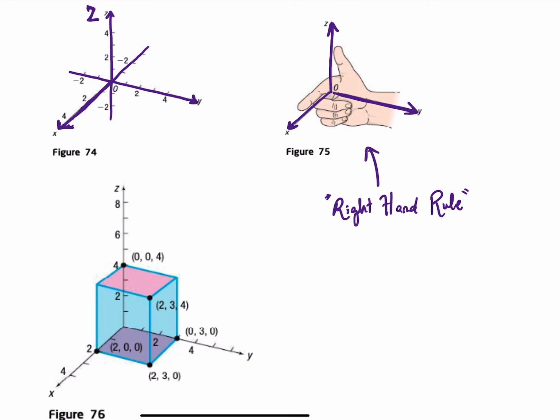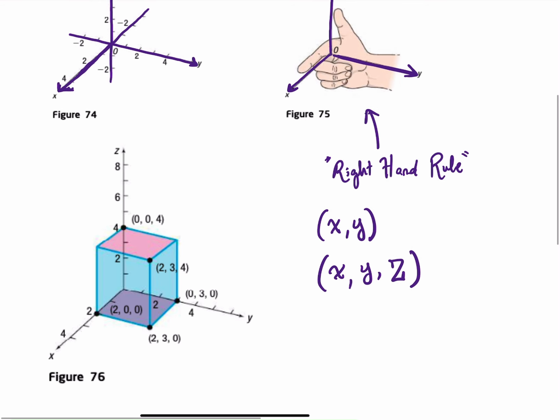So far we've been plotting points and doing work on the two-dimensional xy plane. So we would call a point x comma y. Well, a point in the third dimension just has another input. You have some x value, some y value, and some z value. So there's an example of plotting some points in 3 dimensions.